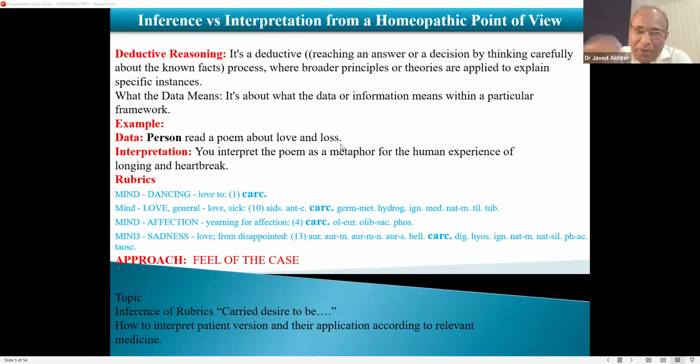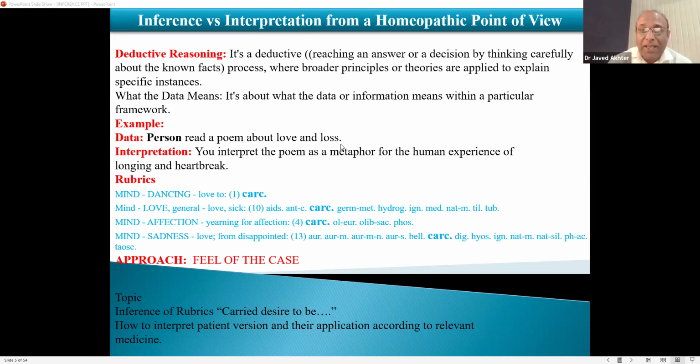A patient visited, and he read a poem about love and loss. Why did he read it, and what did he read? What is the interpretation of this? I took only these words. Dancing, love: dancing means he was doing some tricks about love, emotions.